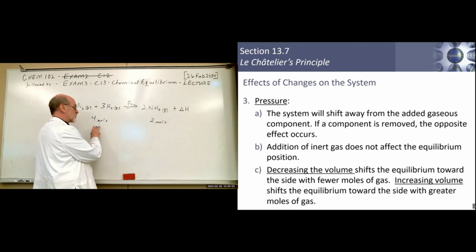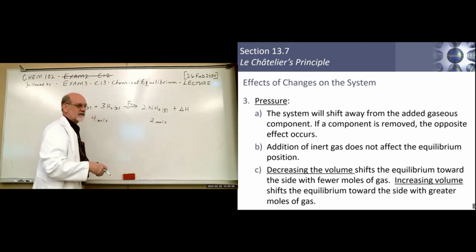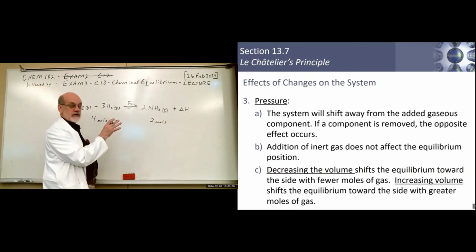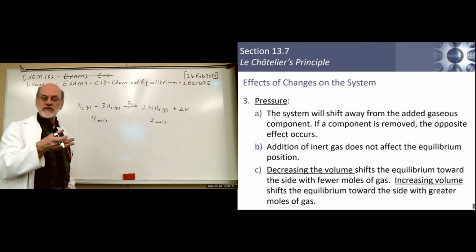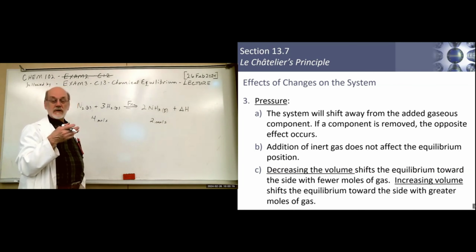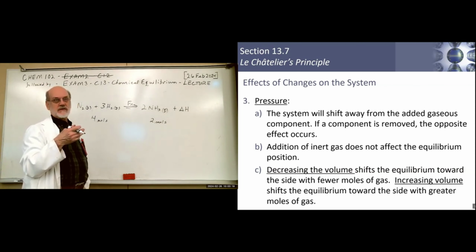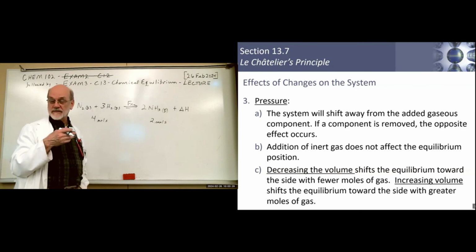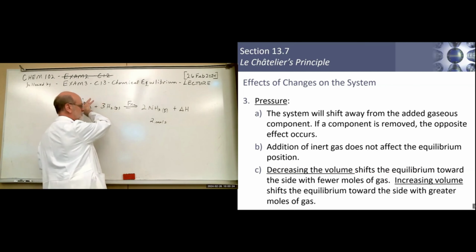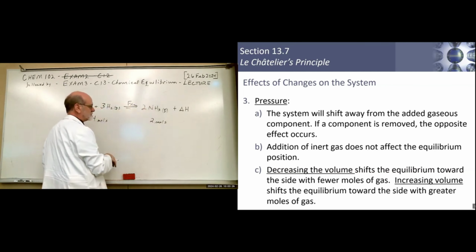So if we increase the pressure, we're going to shift to the right. And that was one of the reasons, not the only reason, but one of the reasons that Haber increased the pressure of his reaction to dozens of atmospheres. He increased the pressure massively because it would tend to force the reaction to move to the right.